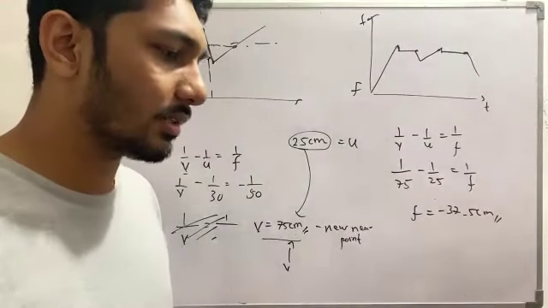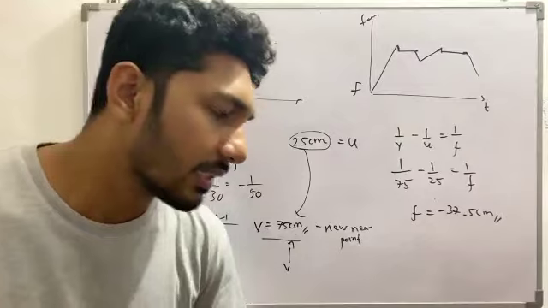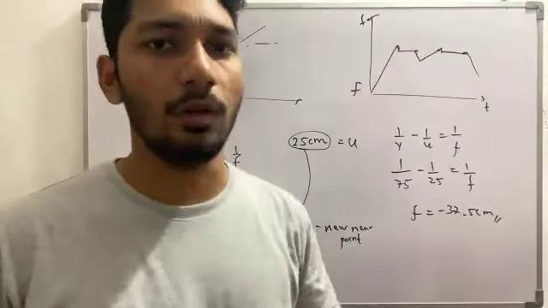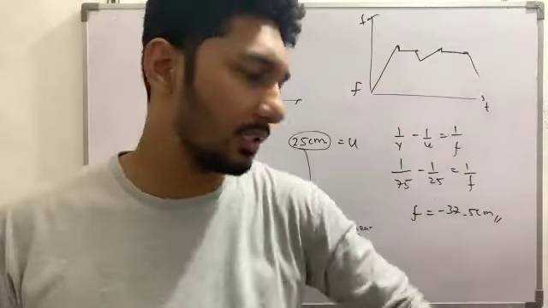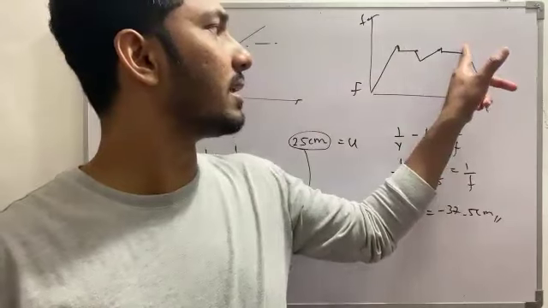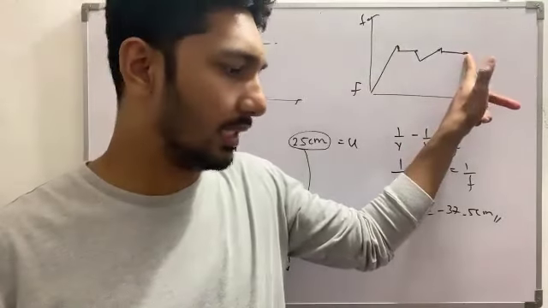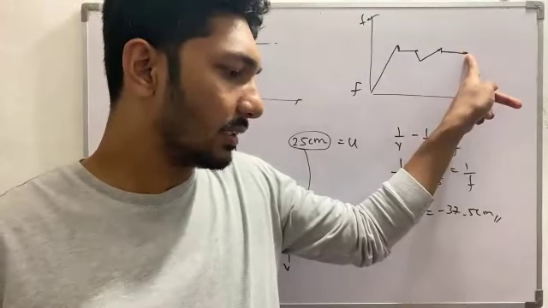The second one is similar, but in the second one, they don't show the fall during the static to kinetic shifting. In the third one, they show an unnecessary bump here also. Can you see? That is totally unnecessary.